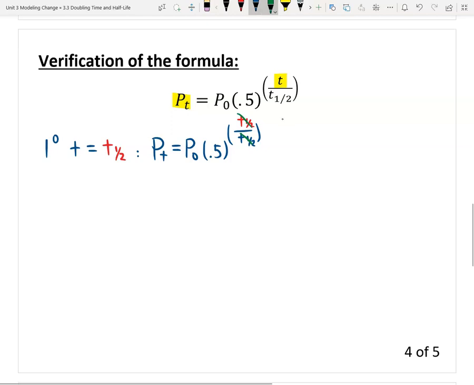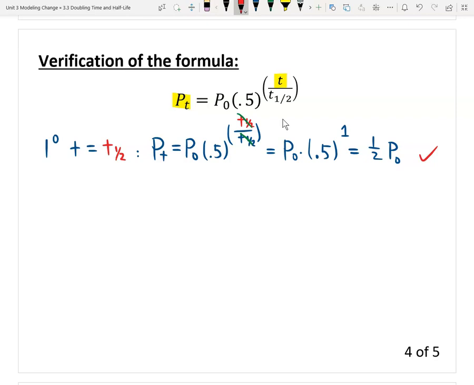That's 1. The power is 1. So we have P0 times 0.5 raised to the power of 1. What do we get? We get 1/2 times P0. Yeah, this is what we expected, right? As the time goes through one half-life, the value goes down to half of the original, which is 1/2 times P0.